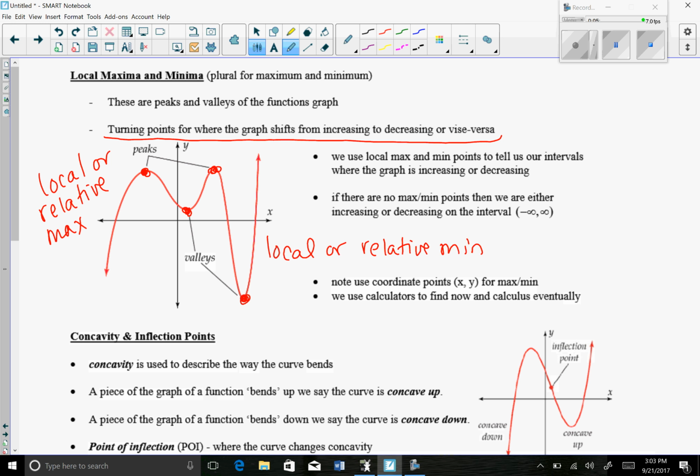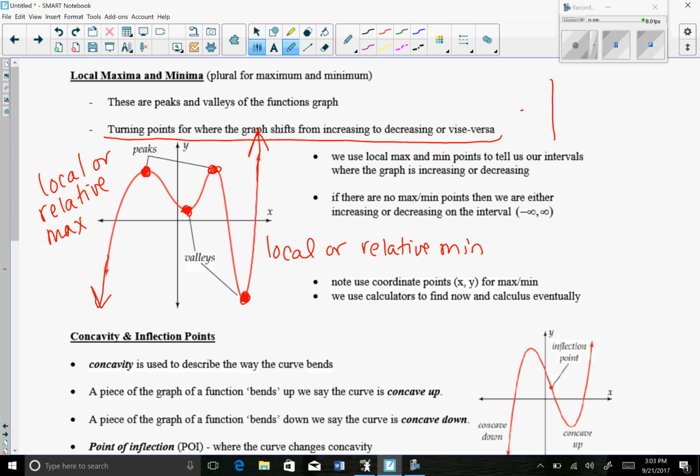The reason that they're called local or relative is because they are not the actual highest parts of our graph, because you can see these arrows here continue on, but relative to the points around them, these are the peaks, or relative to the points around this point here and here, they are the relative minimum.